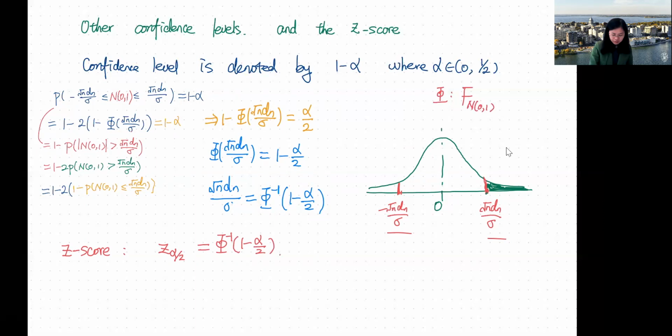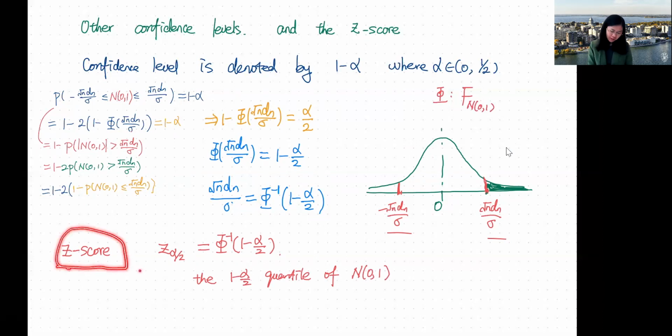In words, this is the 1 minus alpha over 2 quantile of the standard normal distribution. So that z-score is defined to be this inverse, and it is the 1 minus alpha over 2 quantile of the standard normal distribution.